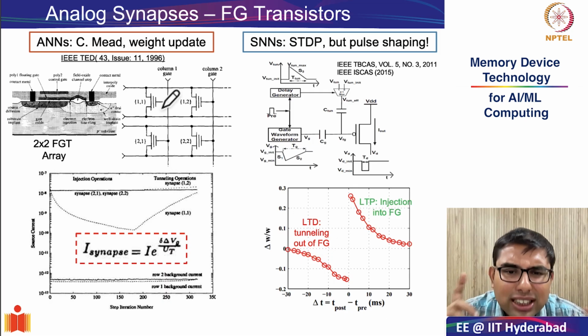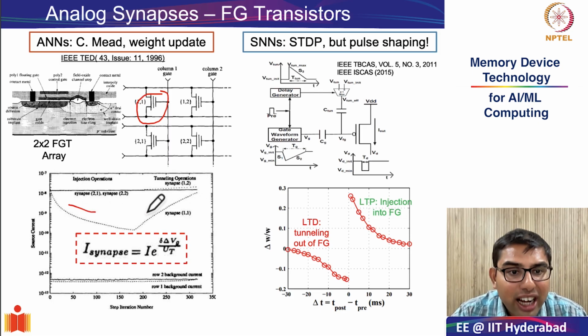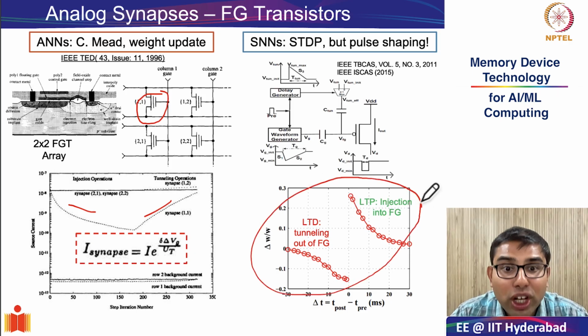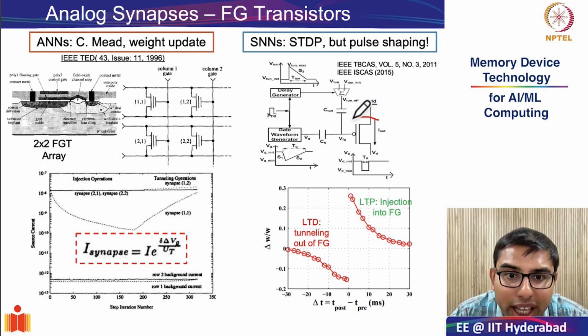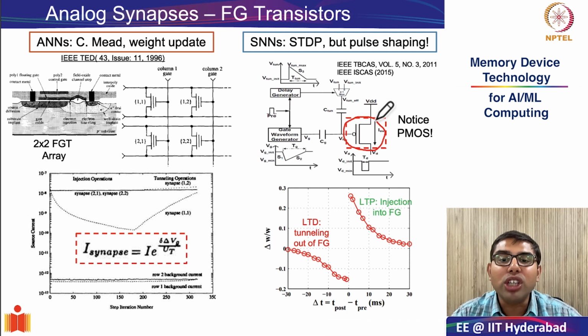But this is a bit contradictory to what we studied just now regarding this work. Here, the injection was causing a depression and tunneling was causing potentiation. Why is it opposite in this particular case? This is because, please note very carefully, the floating gate transistor that we are using here is not NMOS but PMOS.